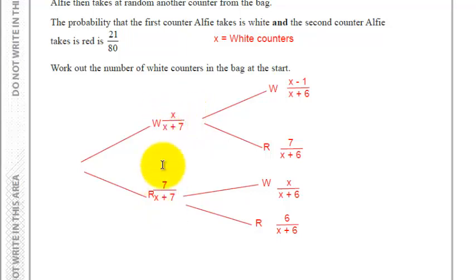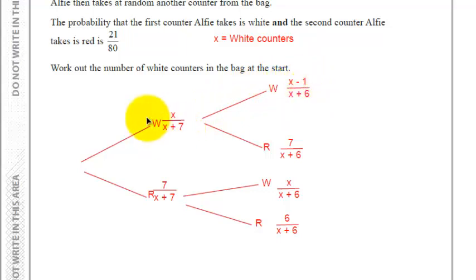Once he has made the first pick, that counter is not put back in, so there is 1 less counter in the bag each time. So instead of there being X plus 7 counters, there are now X plus 6, in each of the 4 possibilities. If I picked a white the first time, and the number of white counters in the bag is X, there must be X minus 1 counters left the second time.